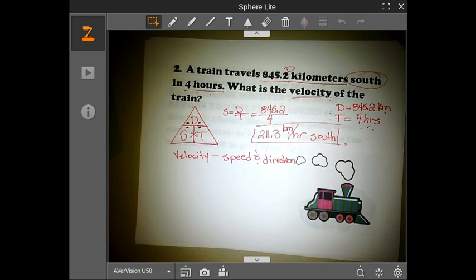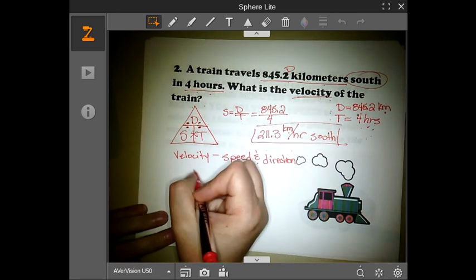So with those two examples, guys, you should be able to do the first 16 questions on this worksheet with no problem. Basically, you're calculating them the exact same way. The only difference is that when it's asking for velocity, you're also going to put the direction.